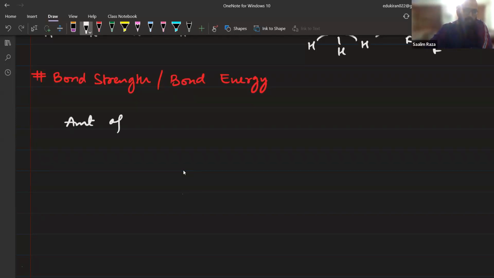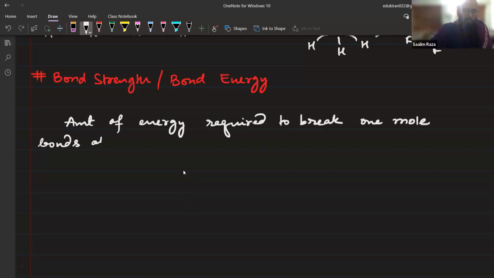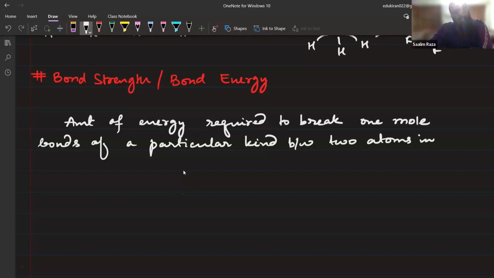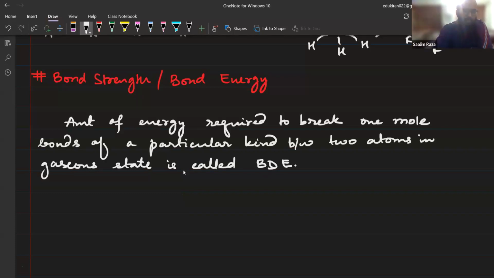Amount of energy required to break one mole of bonds of a particular kind between two atoms in gaseous state is called bond dissociation energy. ठीक है, bond dissociation energy, bond energy वही सारी चीजें एक ही चीज है.